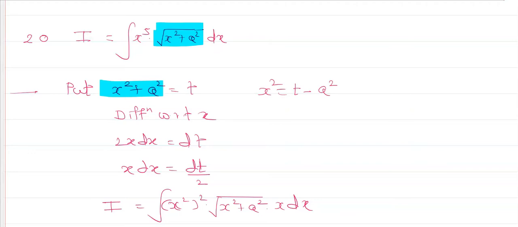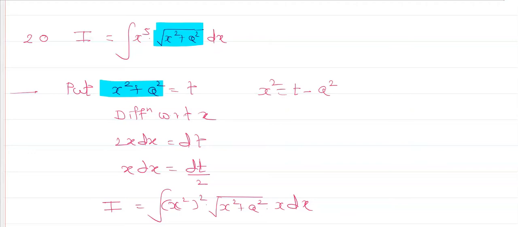Now what is the value of x square? What is the value of x square? t minus a square. Now differentiate this with respect to x. Derivative of x square is 2x dx, derivative of a square is 0, and of t is dt. 2x into dx is equal to dt. Therefore x into dx is equal to dt upon 2.